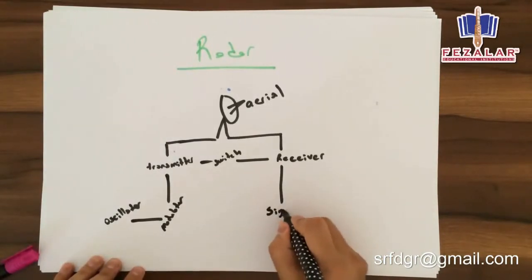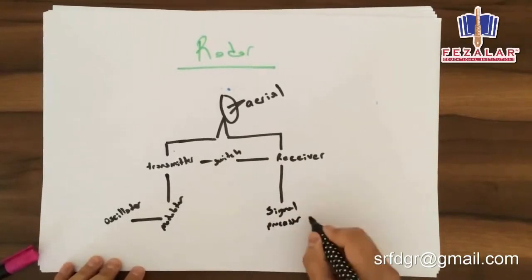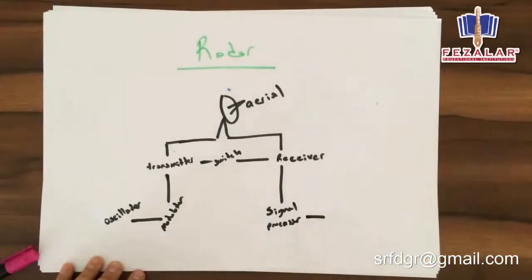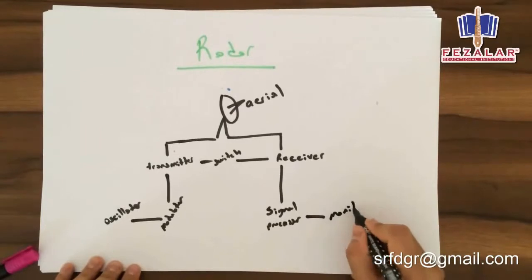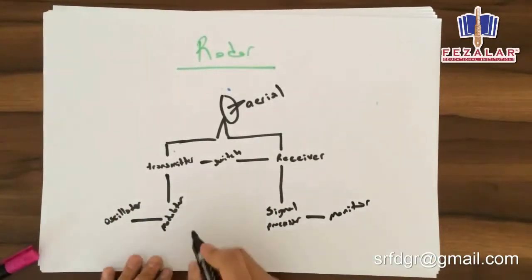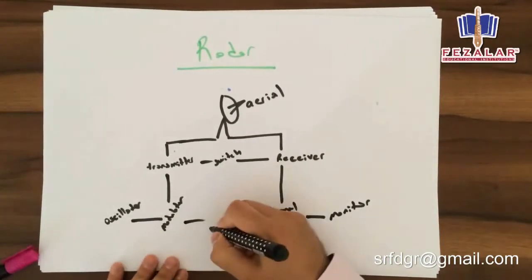We need a signal processor. And how can we see the position of the target? We need a screen or monitor. This is an electric device, and we need a main control system. It is called the mother clock.